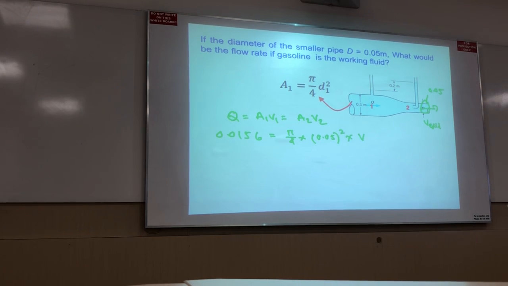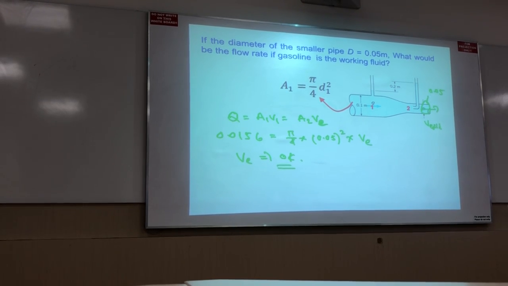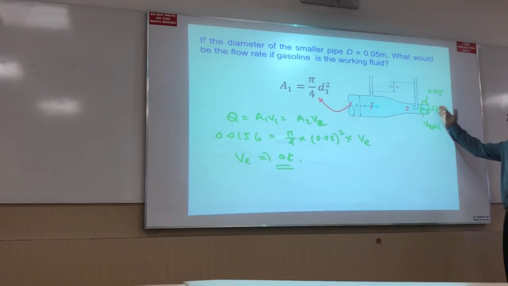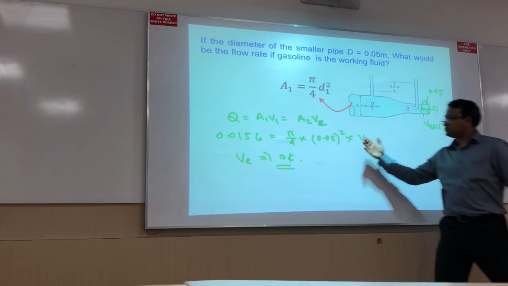This is V exit, right? You can write V exit as VE. Then VE you can find, no problem. Alright. At the point, what is the exit? We can do it.